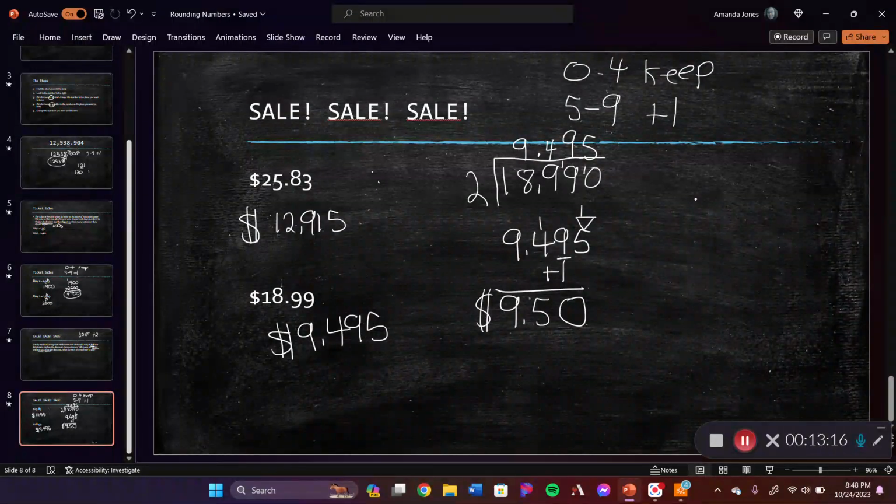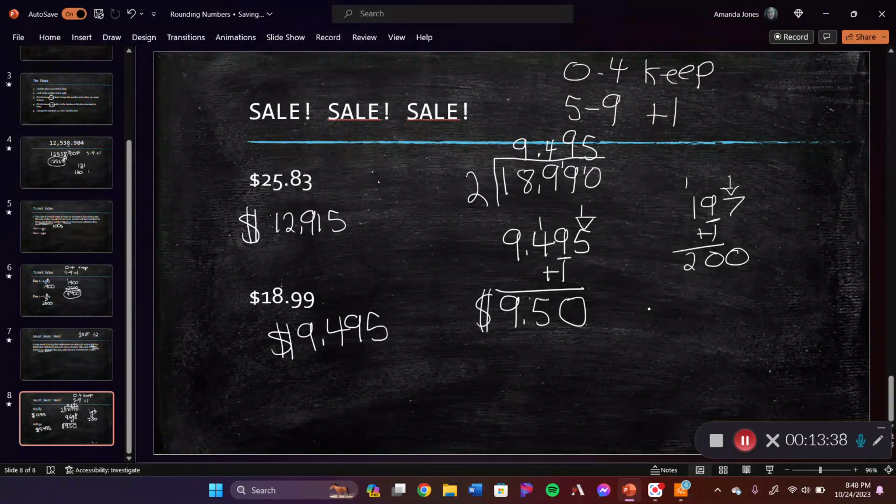If you had 197, and you wanted to keep the tens place, we have to add on 1, right? Because 5 to 9 is in the range. Add the 1. 9 plus 1 is 0. Carry the 1, 20. So 200 would be what the answer was, okay?